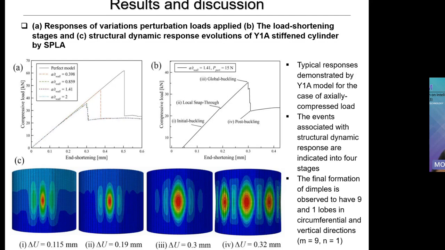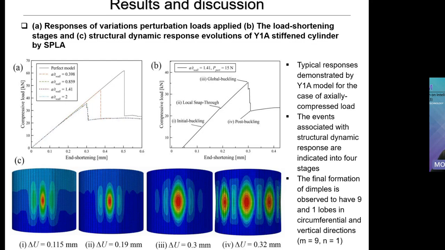Then it goes up until local snap-through, where at this point we can estimate that the structure starts to lose stability. And when it begins to fail, it reaches the peak load, which we call global buckling.